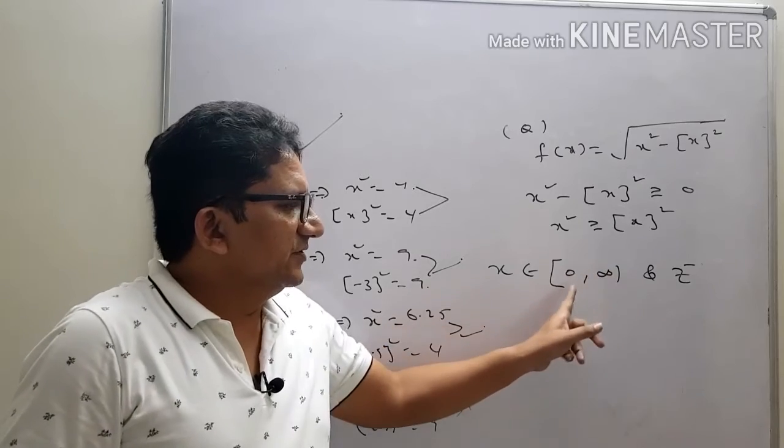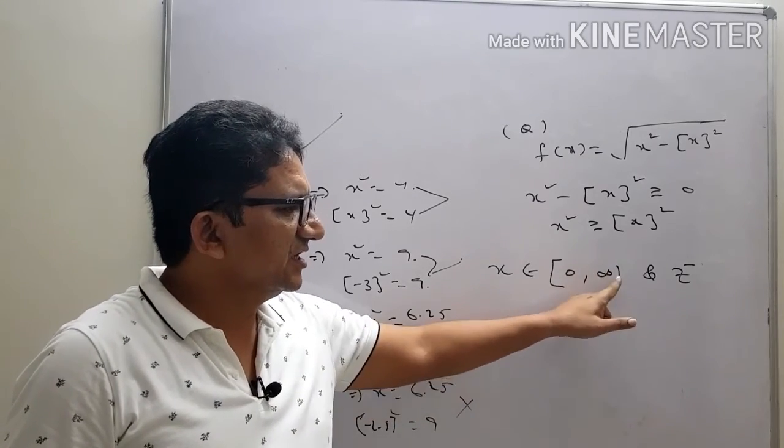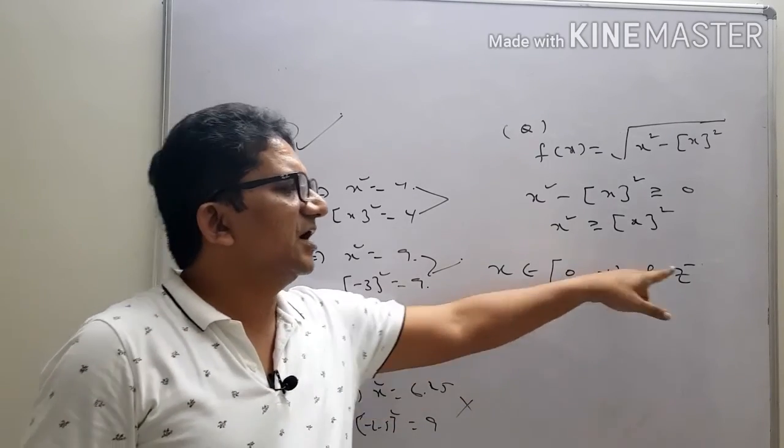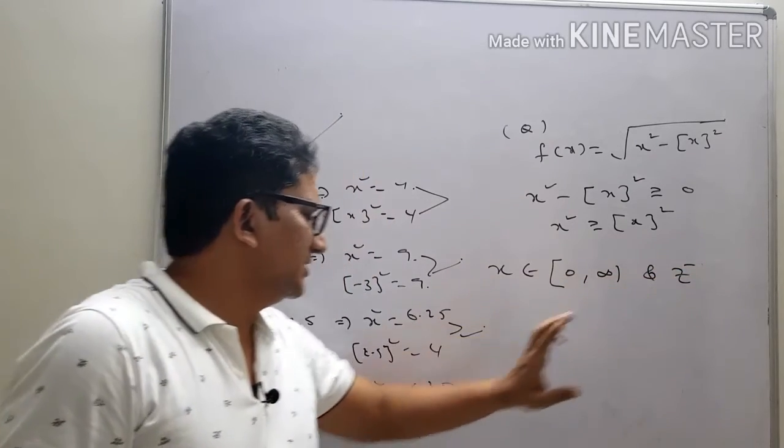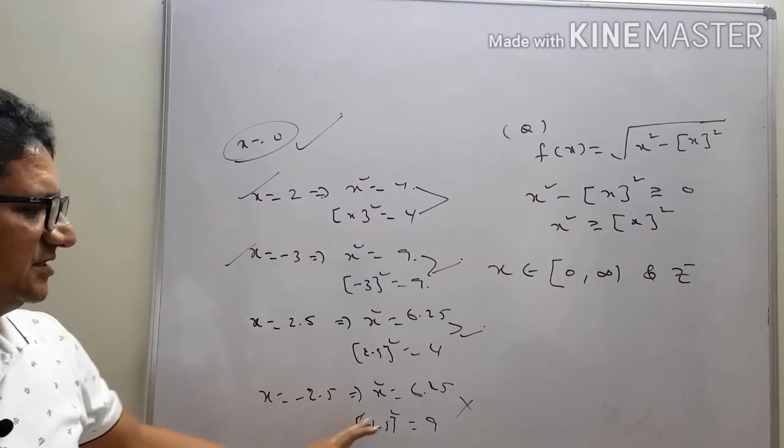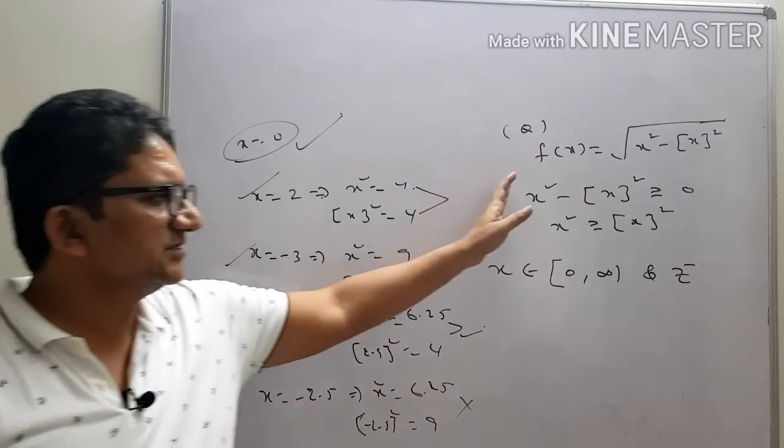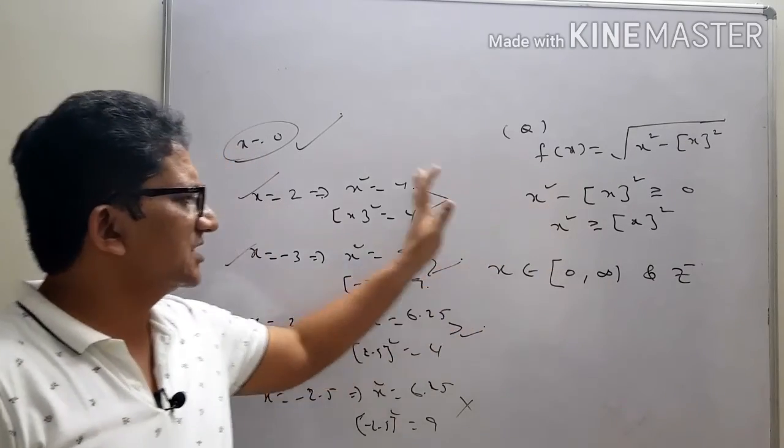So 0 to infinity we are covering all positive integers and all real numbers including 0, and negative integers only, because for negative real numbers it is not valid. So we need to analyze by using examples only.